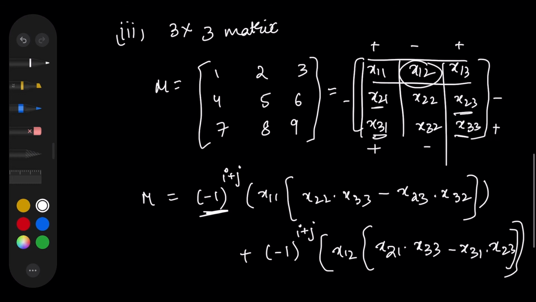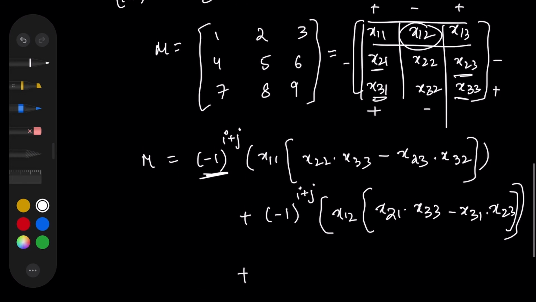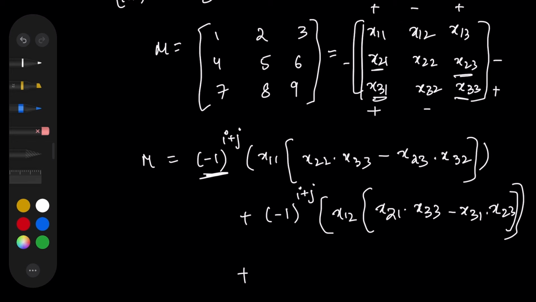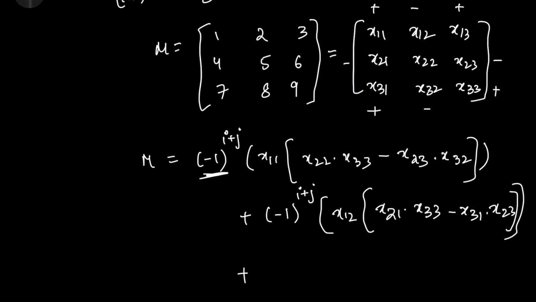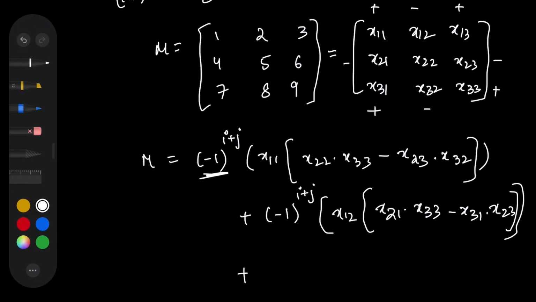Similarly, now we'll also have to find it for the third element, that is x13. So for the third element, minus 1 to the power i plus j into the element itself. Now you'll have to find the cofactor matrix of this element.